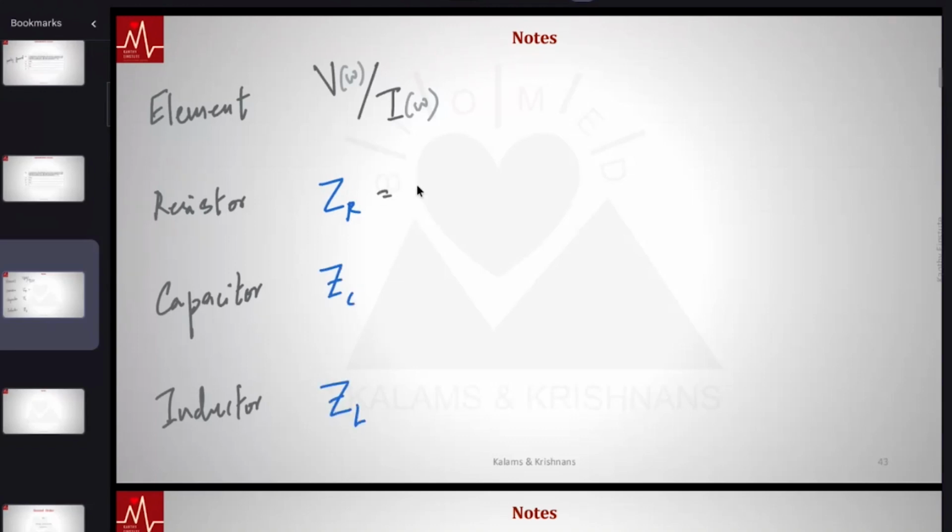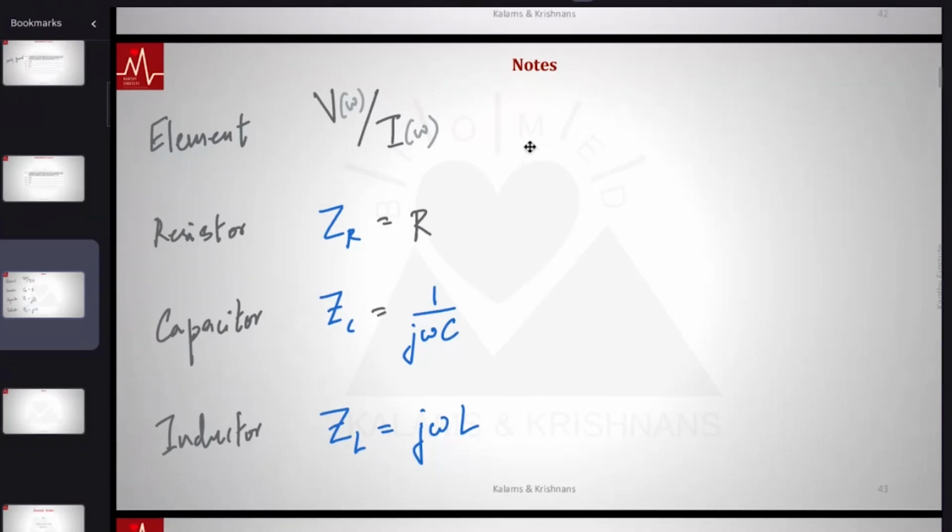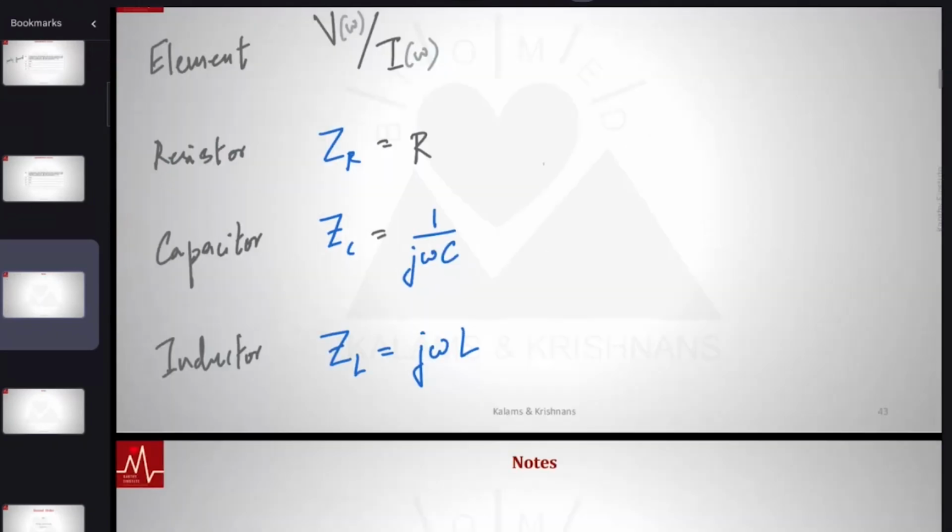This we know as the resistance R. This we know as 1 by J omega C, and this is J omega L, okay? If omega is in radians per second, you're technically fine. Omega is in rads per second. That is the bare minimal thing that you need to know.